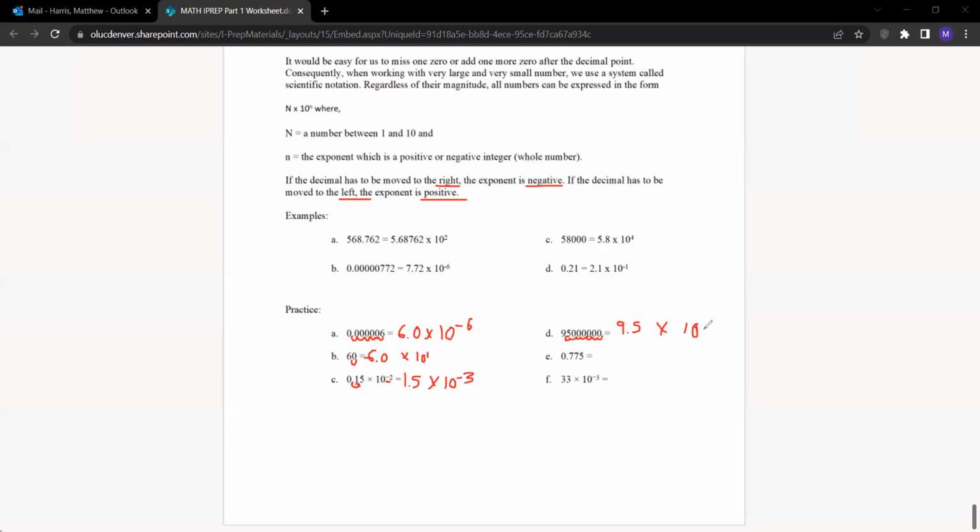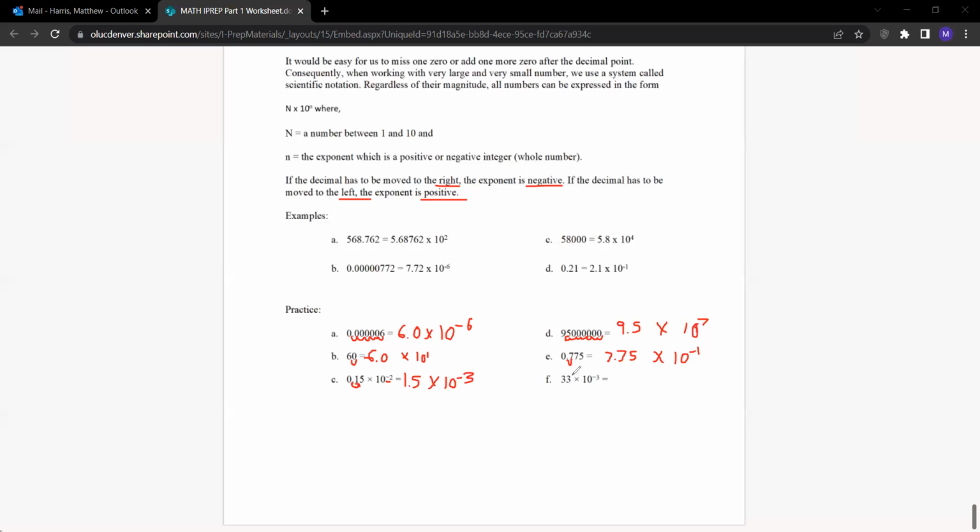We move to the left, so it's positive. 10 to the 7. All right, now we have 0.775. We're going to move this decimal place 1, and it looks like just 1 spot, right? So now we have 7.75 times 10 to the negative 1, because we moved to the right, so it's negative 1.